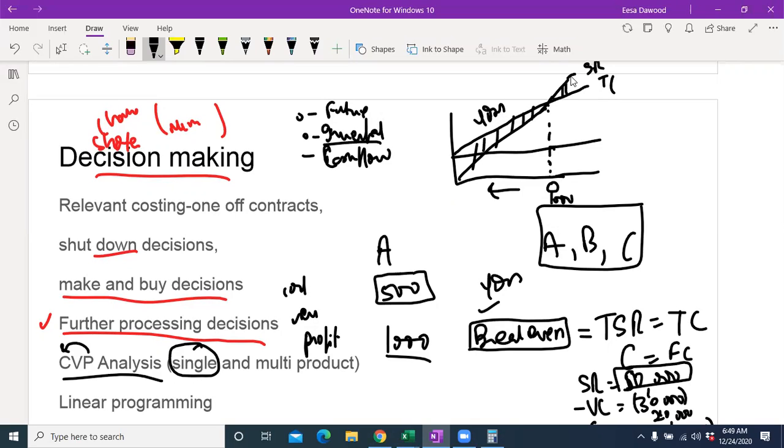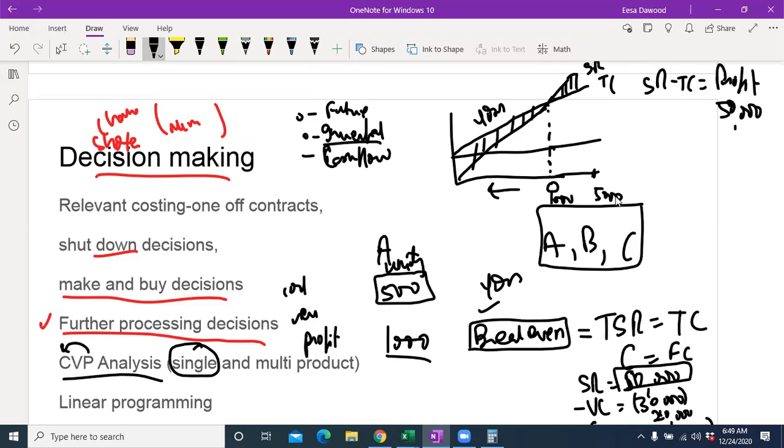Only after I cross this, I'll be at a profit, because sales revenue less total cost is what gives me a profit. So CVP analysis also gives you an idea at which activity level you are at a loss, and at which activity level you are at break even. And if you want to achieve a certain target profit, for example, a target profit of 50,000, at this activity level I achieve a target profit of 50,000.